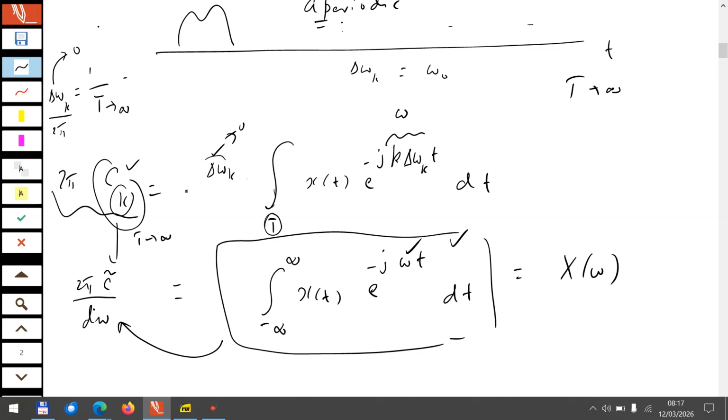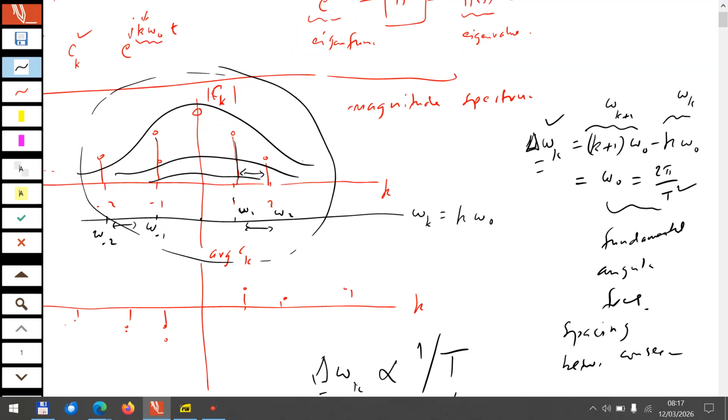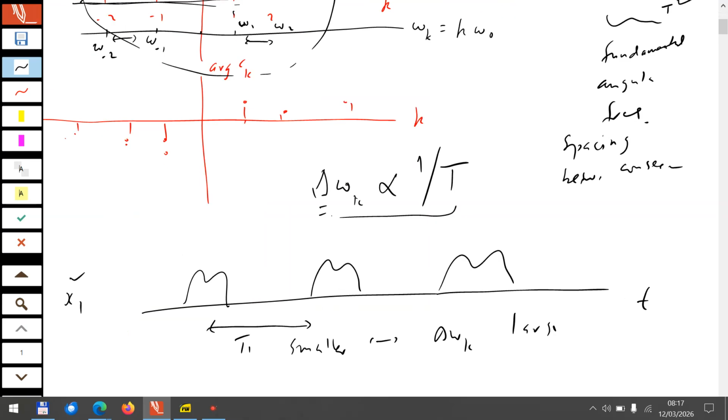They get smaller and smaller, right? Because this goes to 0. So if I go back to that plot, this plot will not only become continuous, but it will literally become 0. It will just be zeros because this c_k will have that d omega in it, and it will be literally 0. So there is no point in looking at this, right?